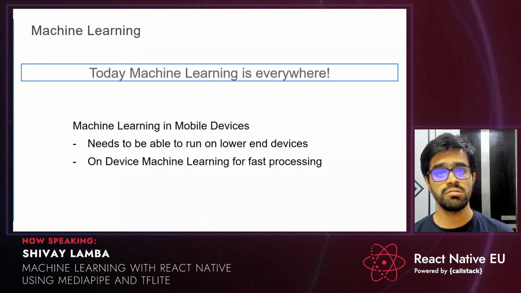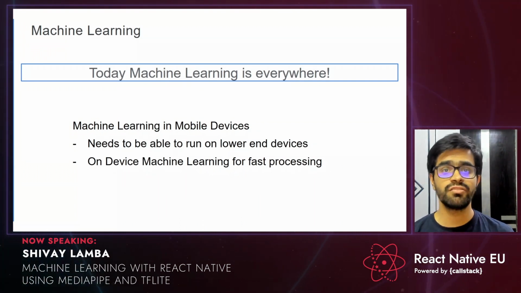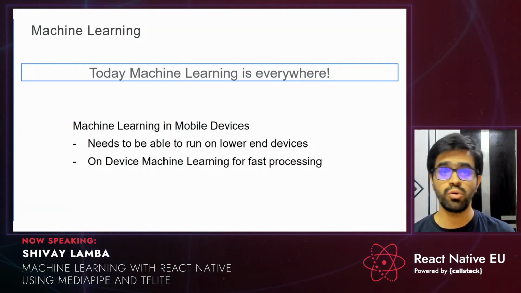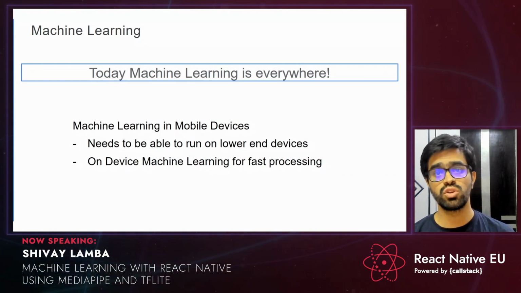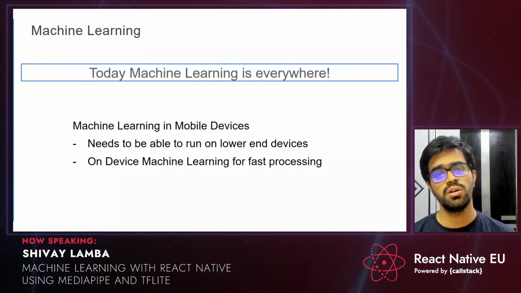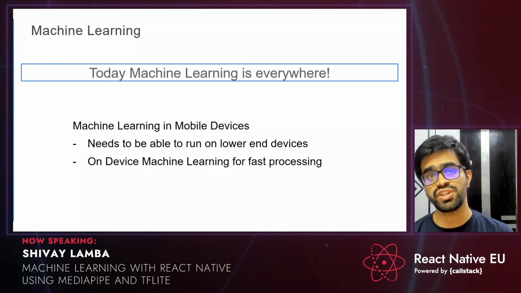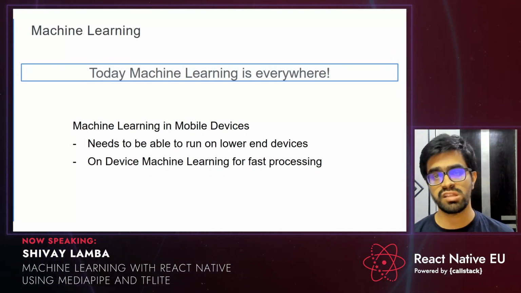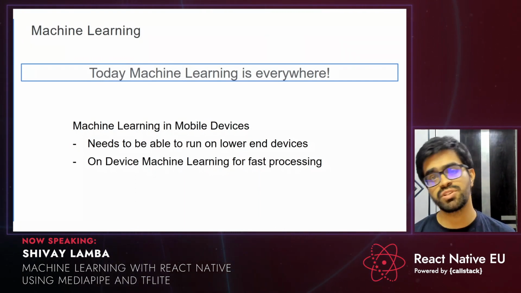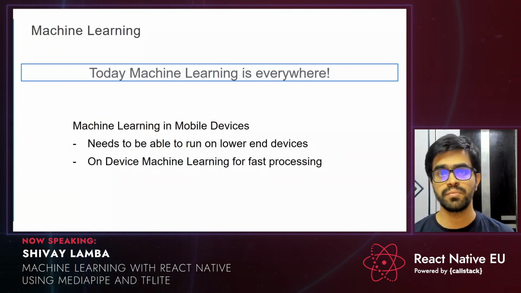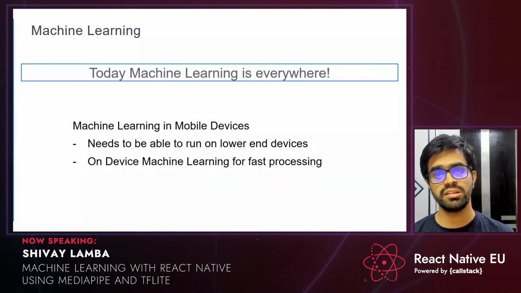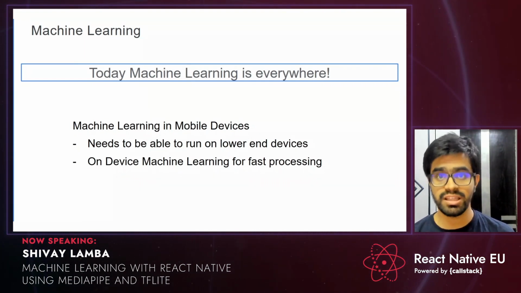We can also have on device machine learning for faster processing. This removes the need to connect to a machine learning model that might be hosted on a separate server or on a cloud, which can increase latency. That can be reduced by having the machine learning take place on the device itself, as the processors of various devices improve, and as the machine learning models themselves become more compact and easier to run, with increased performance and reduced processing requirements.